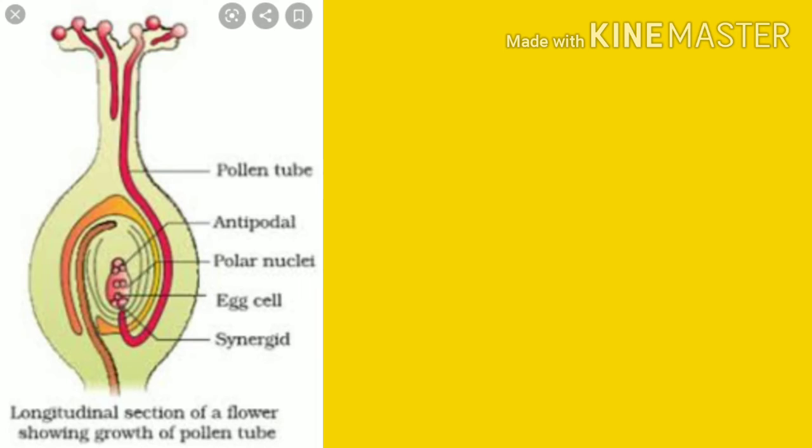Now we can understand double fertilization in another diagram. This is a carpel, a pistil. Here pollen grains are transferred, and after pollen-pistil interaction, the pollen tube germinates and reaches the ovary.